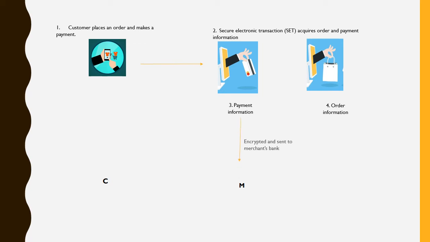So as we've already discussed, the payment information gets encrypted and it is sent to the merchant's bank. Now, when we look at encryption, this is where we're using public key infrastructure, right? PKI is used to encrypt this particular information.